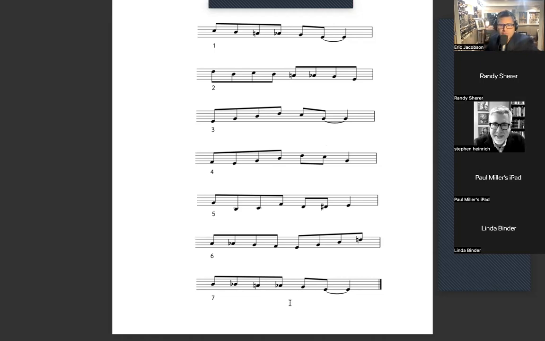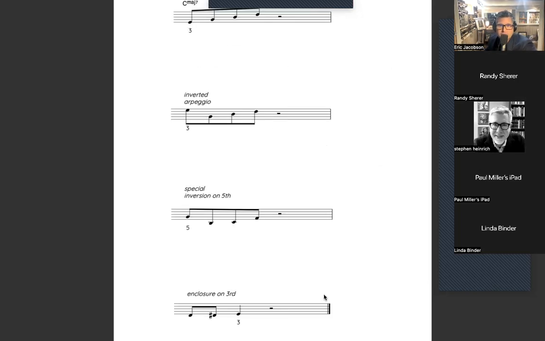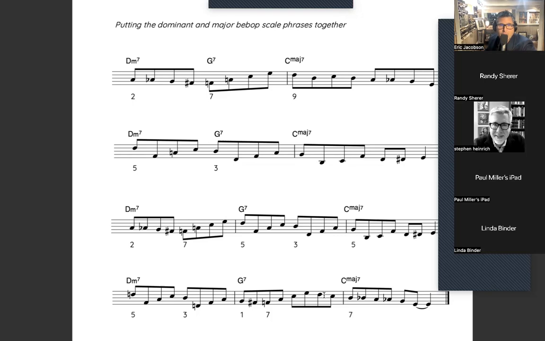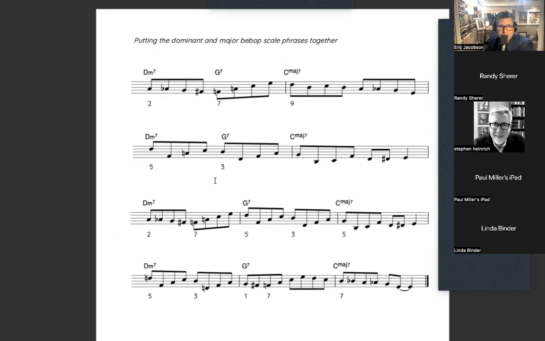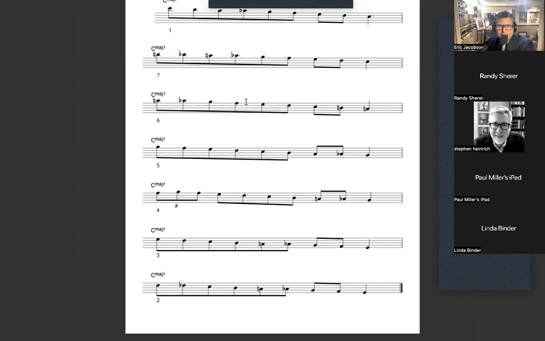All right, so I'm going to go to the combinations of my G7, and I have a sheet for you for that. There we go. I'm going to start where, well, in this case, I started on the 2nd, so sorry about that. Here is G7. Hold on, I think I did write that out.